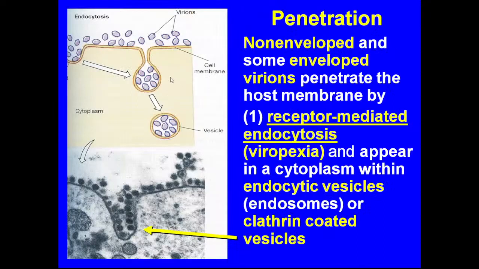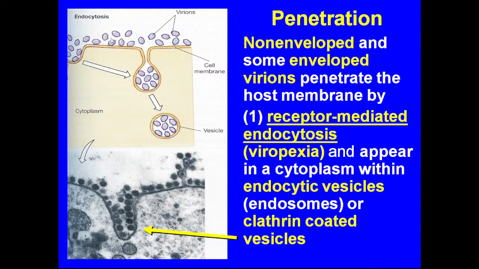Then the second stage, penetration of the virus into the cell. This also may be performed in different ways. Sometimes the whole virion will be incorporated or engulfed into the cell.